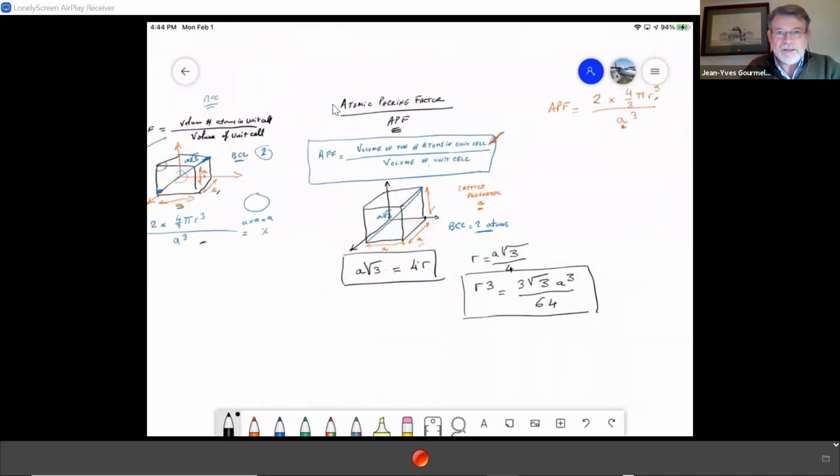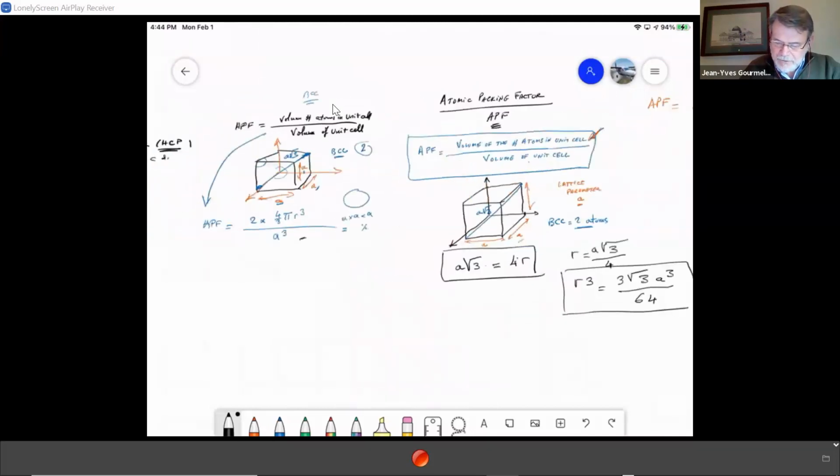So if you plug R cubed back into here, I'm going to write the formula again.